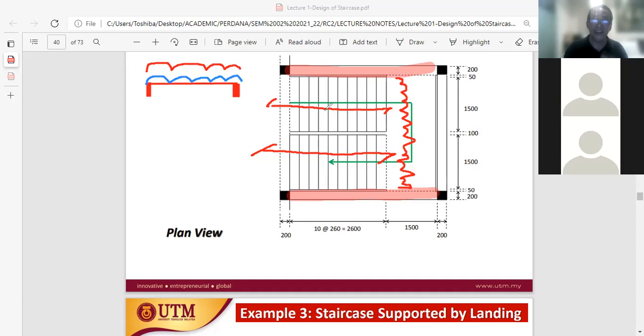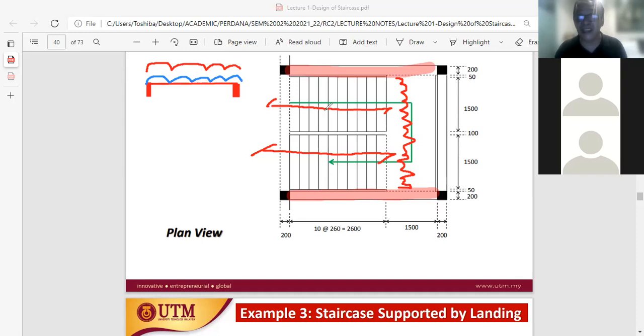So now we need, because kita ada one component supporting another component, okay, landing supporting a staircase, maka dengan sendirinya we need to have two separate design. One design for the staircase, satu lagi design for the landing. Okay. For the staircase punya design is similar kepada example number 2, quite similar kepada example number 2.